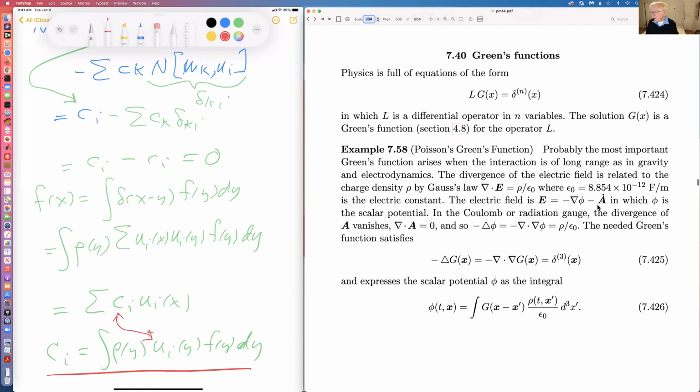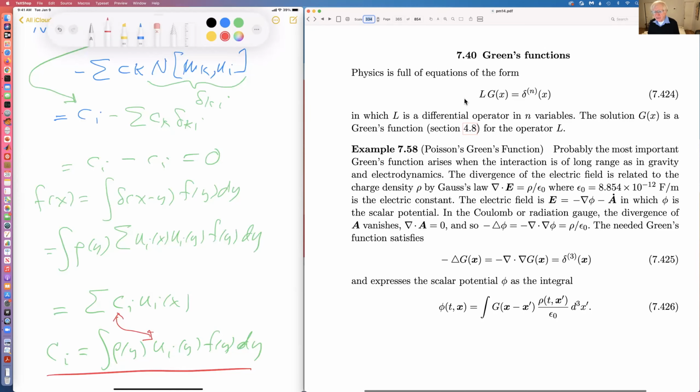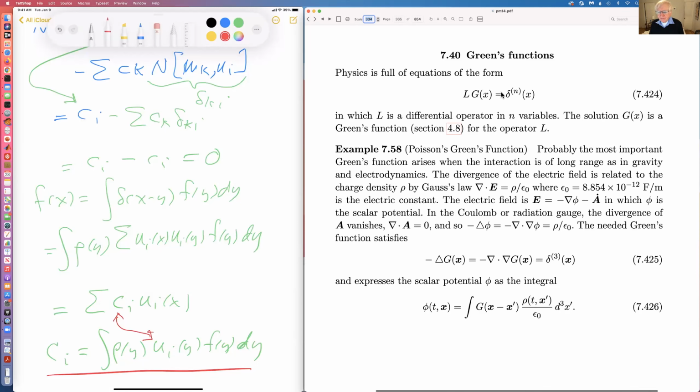Now I'm going to shift gears just a little bit here to Green's functions. Of course, we talked about Green's functions before, but here I want to remind you that a Green's function is the Green's function for a particular differential operator. So if L is a differential operator, then G is the Green's function for that operator.